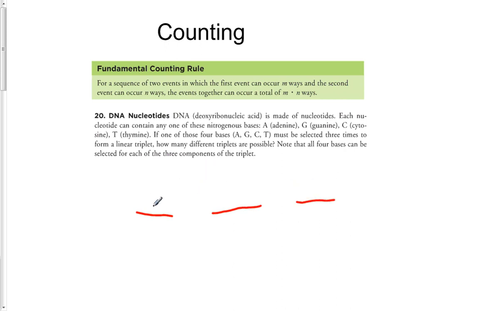The first letter can be A. The second letter can also be A. So even if I select A, I'm going to replace A in the pool of things that can be selected, so I can actually select A again for the second letter in the triple. And let's say the last letter is G. So triples could be formed with letters repeated. So this is an example where these selections are being made, or these events are occurring, with replacement.